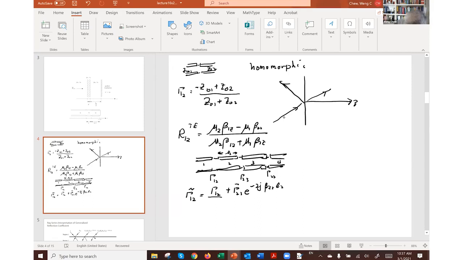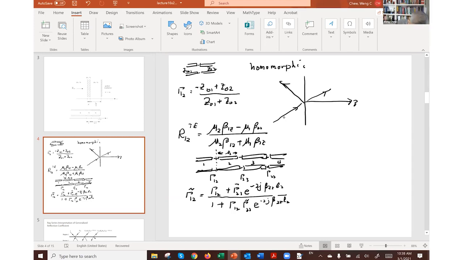Okay. And then the denominator is 1 plus gamma 1,2 tilde gamma 2,3 tilde e to the minus 2j beta 2z L2. We found this to be the generalized reflection coefficient for gamma 1,2. At this junction, we can define the reflection coefficient.